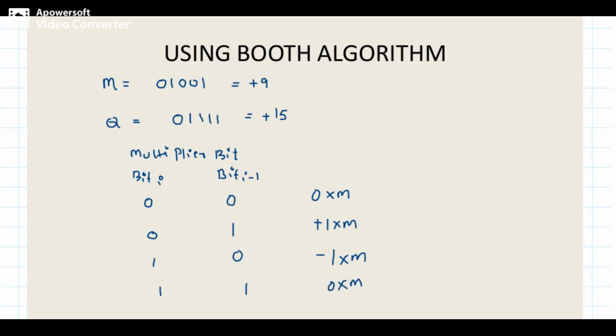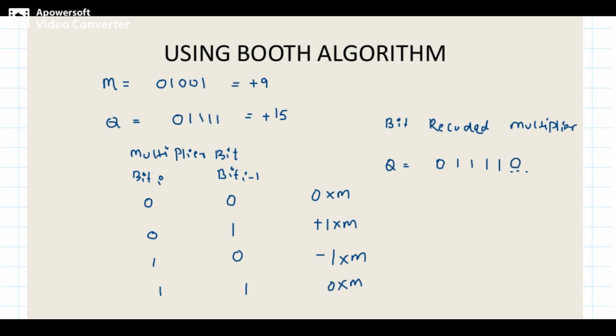And in this case we have to compute the bit recoded multiplier. So bit recoded multiplier Q is equal to, initially I'll write Q as it is, that is 0, 1, 1, 1, 1, and I'll append one extra 0 to the LSB position.